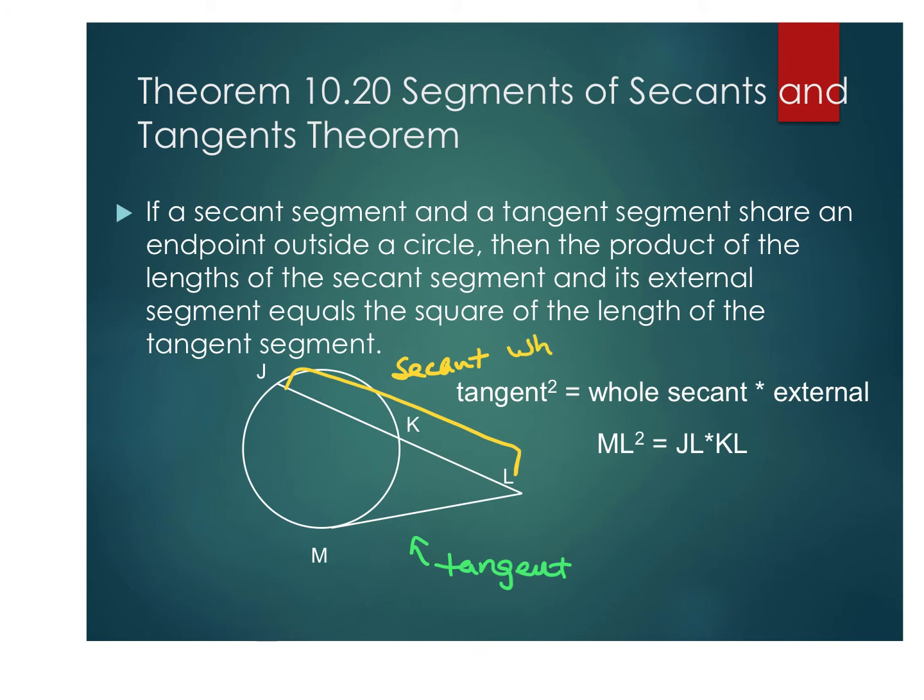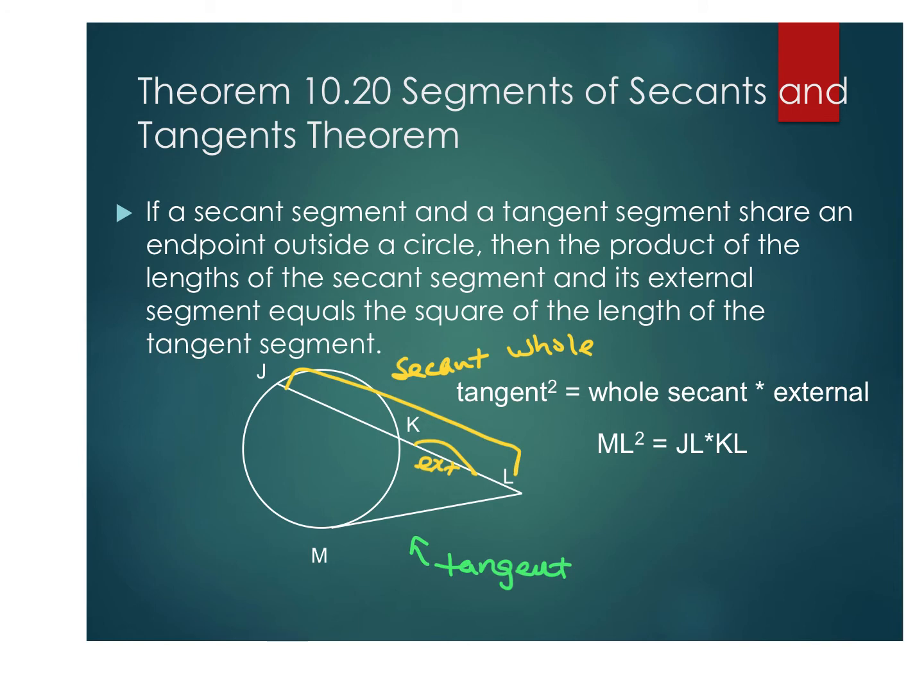JL is the whole, and KL is going to be the external segment. So this one states if a secant segment and a tangent segment share an endpoint, and again that shared endpoint is L, then the product of the lengths of the secant segment and its external segment equals the square of the length of the tangent segment. So it's the tangent squared is equal to whole times external.